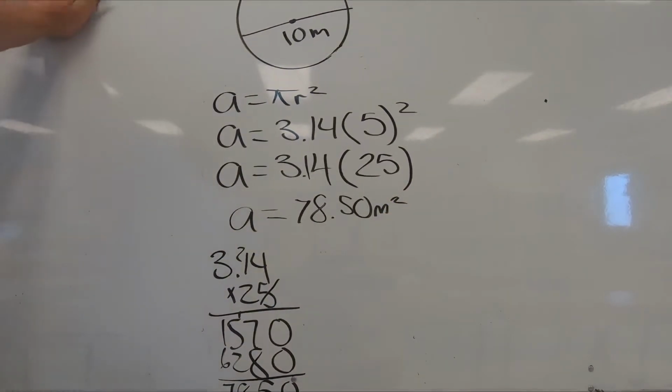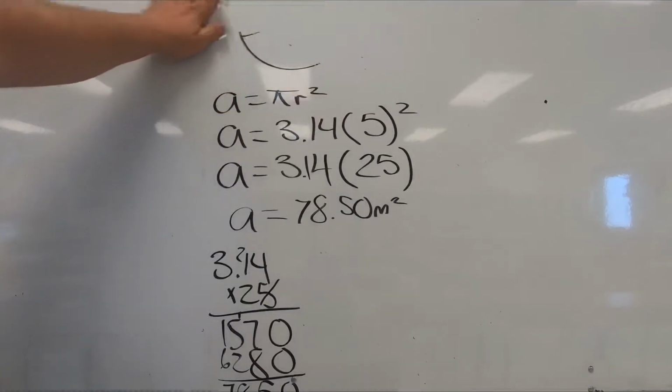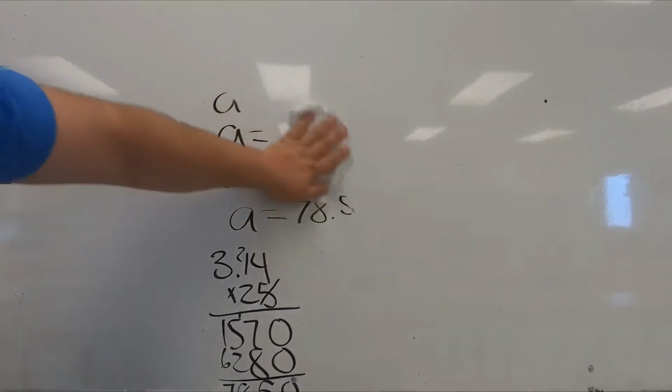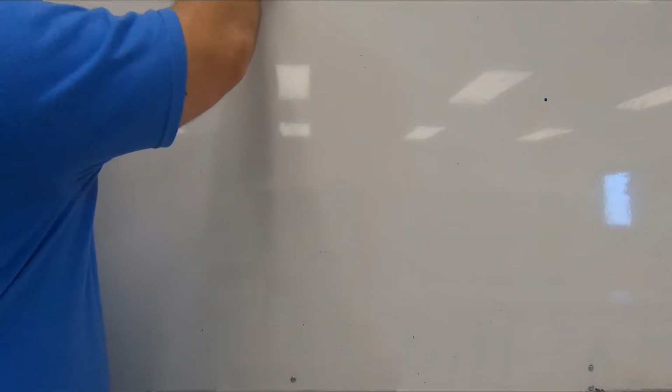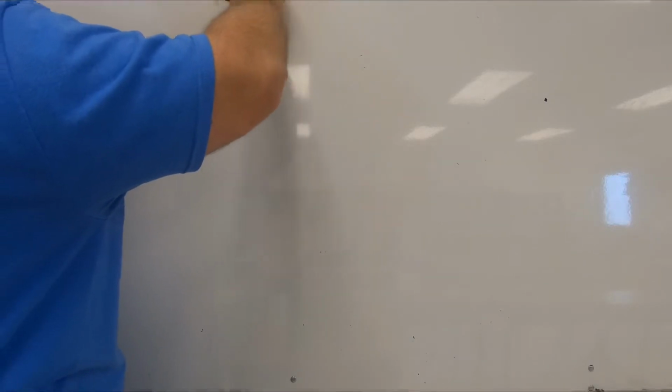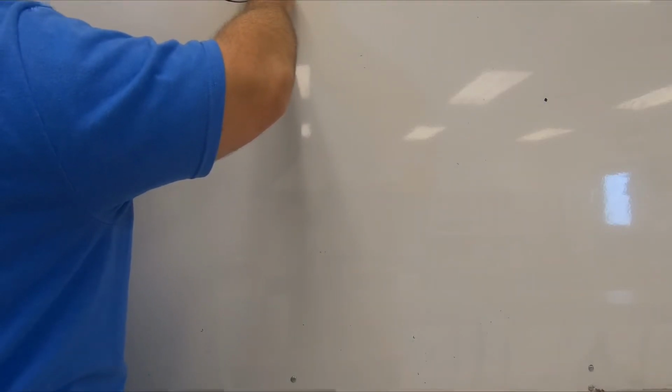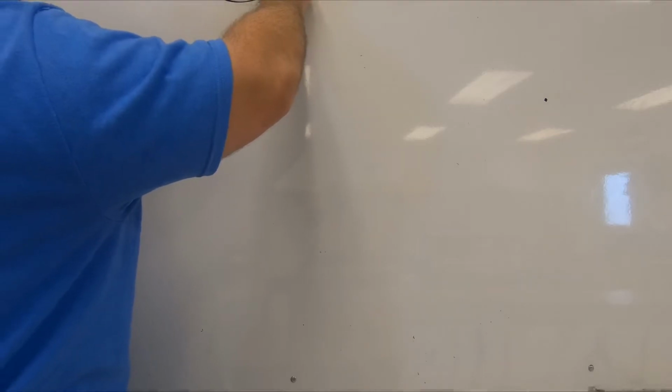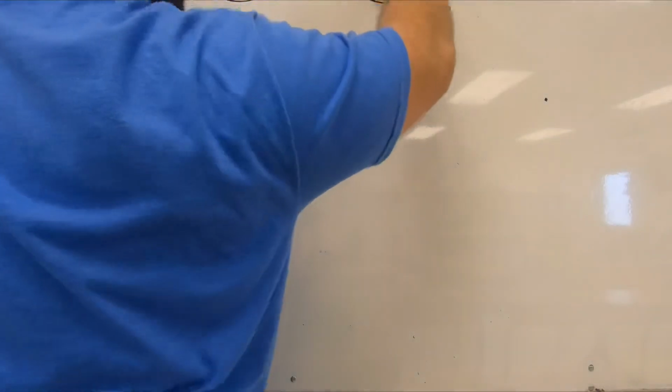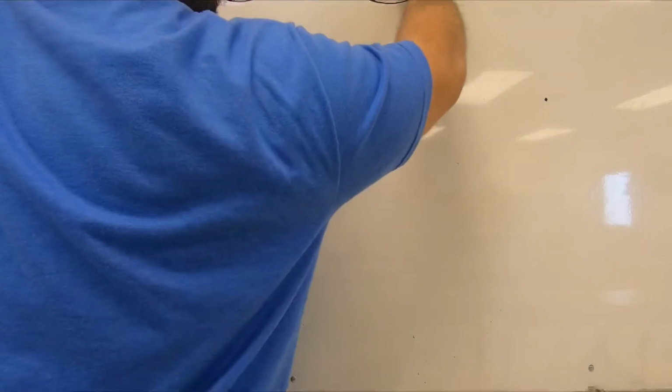Now that's it. Now, one last thing I want to show you today is I believe there's a couple questions that will ask you to compare the circumference to the area. So let's just say we have 2 circles and they're exactly the same. One has a diameter of 11 meters and one has the same diameter.